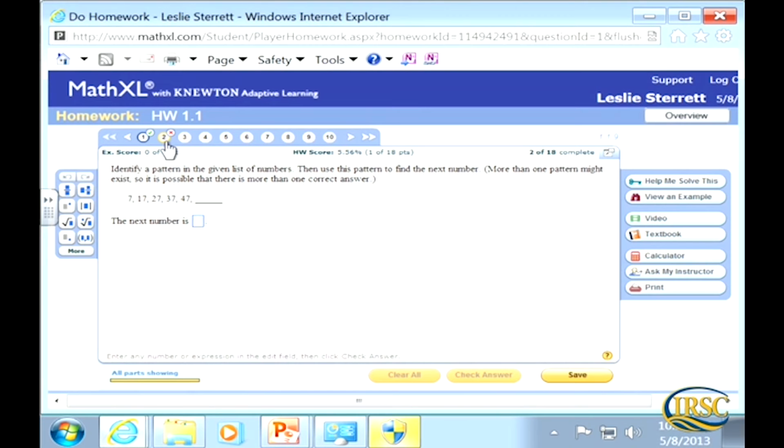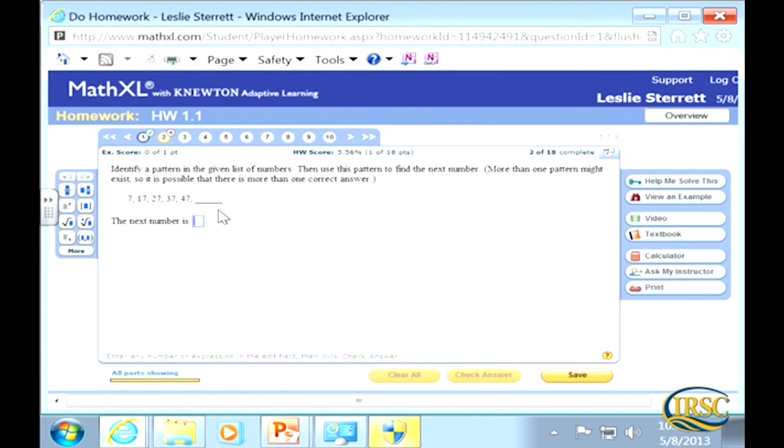So if you ever do get marked wrong like this, then you just need to click similar question at the bottom. Sorry, so it's already given you a similar exercise to work again.